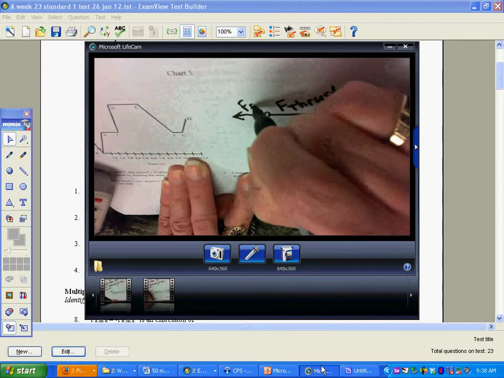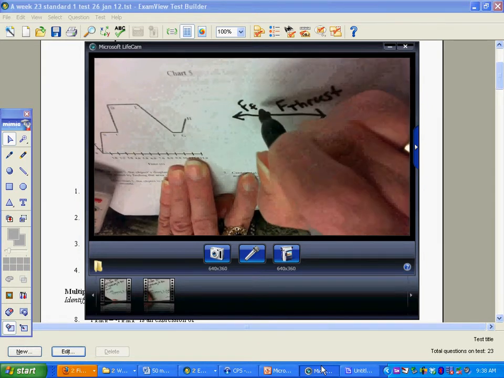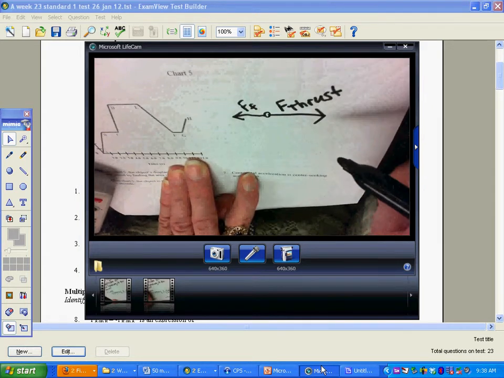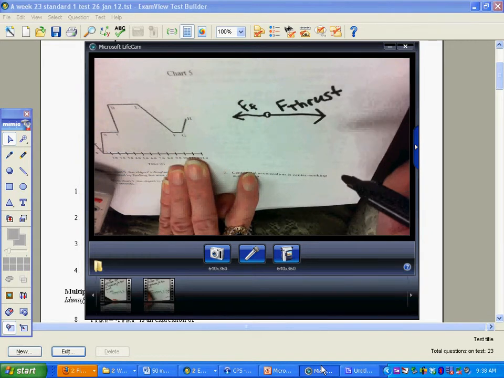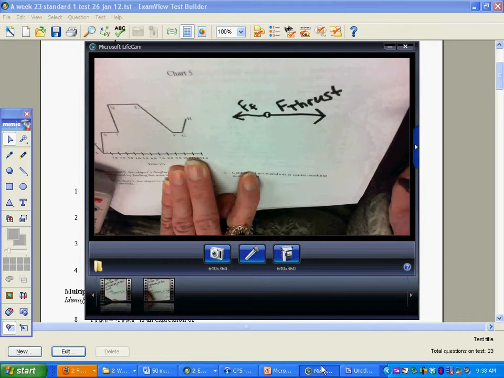Force of friction. Now, the resultant vector is going to show us the what? Not only direction, but the magnitude of our net force.